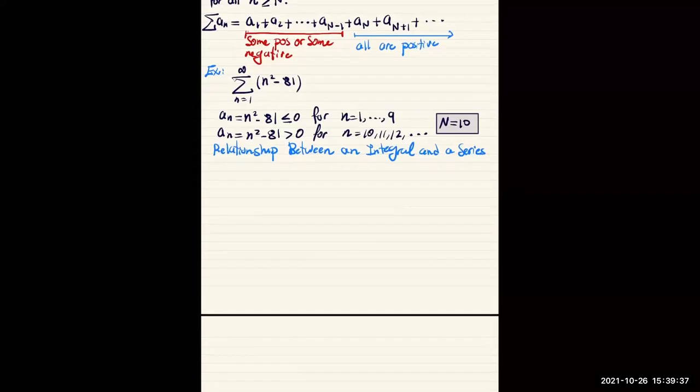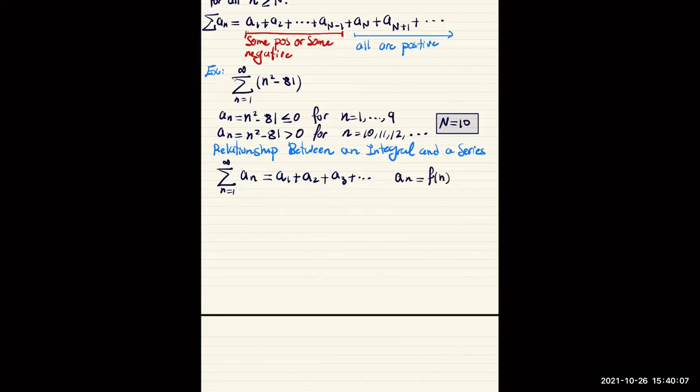Let's say we have a series, the sum of A sub n, in expanded form, a1, a2, and so on. Okay, and we can think of this A sub n as a sequence or a sequence function. A sequence is a function. So think of A sub n as your f of n.